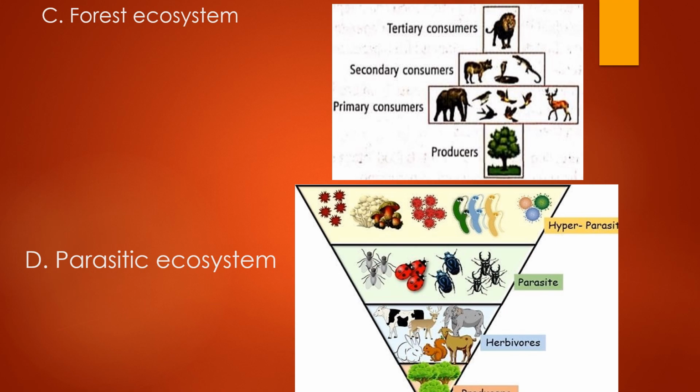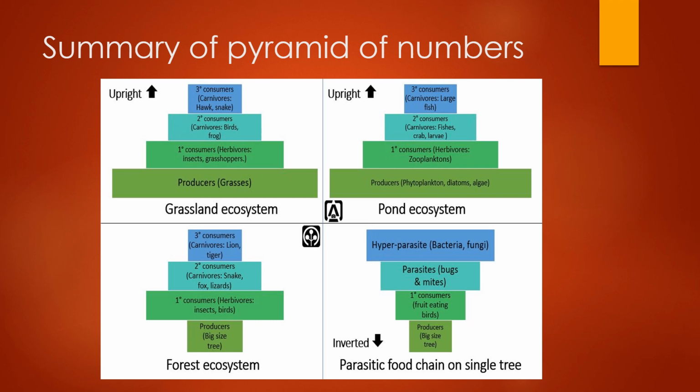Again, the parasites host lots of hyperparasites. That means lots of hyperparasites are dependent on a single parasite. So this pyramid is inverted. So if we consider the number of organisms, the parasitic ecosystem is always inverted.